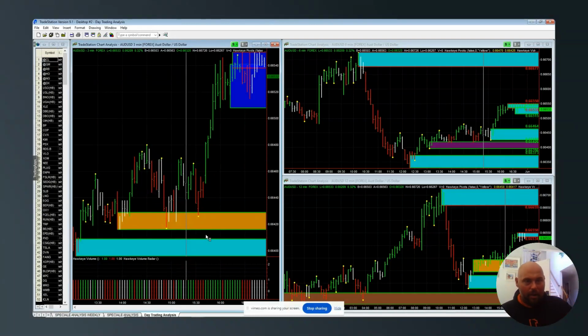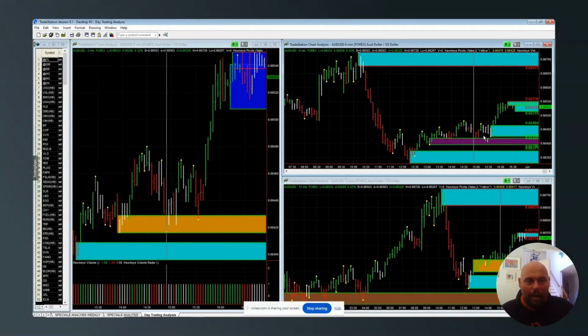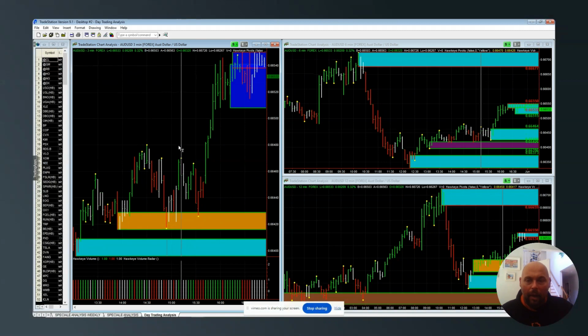The zone defines the area where price should hold. And with that, I go to my 6-minute chart and I go, hey, am I also testing an area of support? And as you can see, as I move my cursor, that line will continue to move there. And right where I pulled back into my 3-minute zone, I was also testing a 6-minute zone.